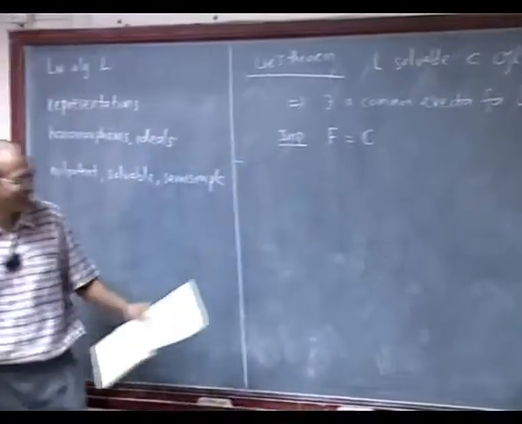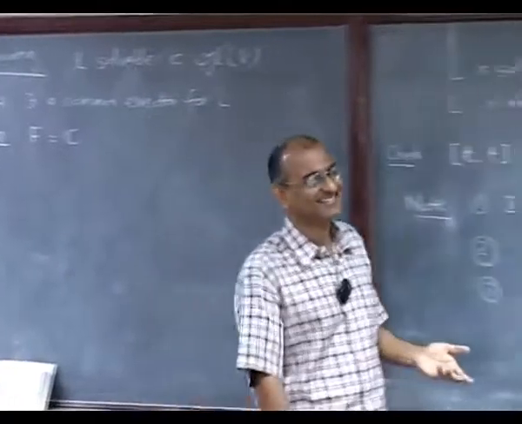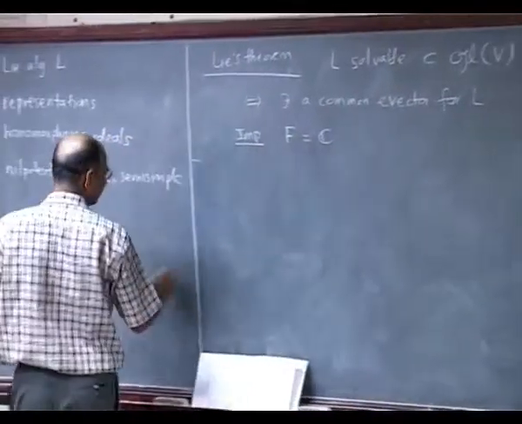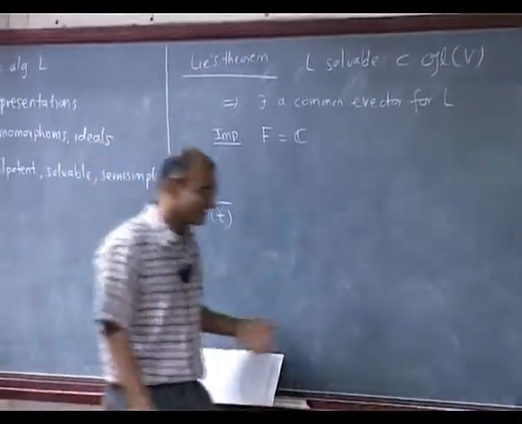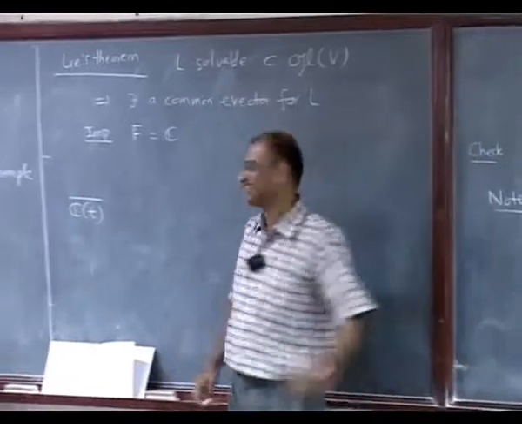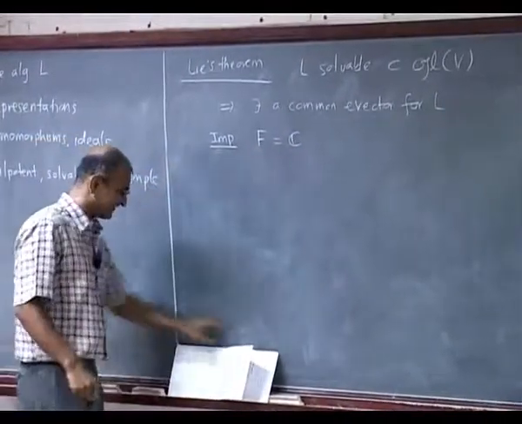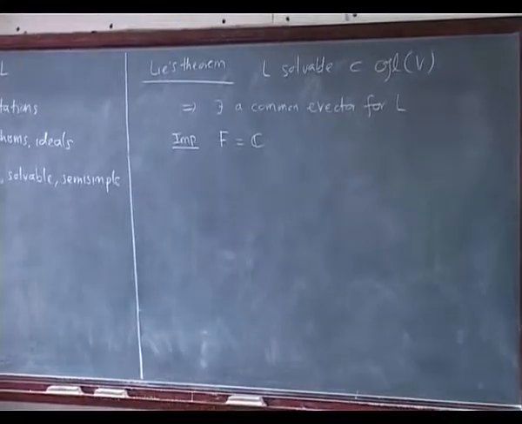Do you know an algebraically closed field of characteristic 0 which is not C? There are lots of them. For example, right, so exactly. So they are there, but it's okay.